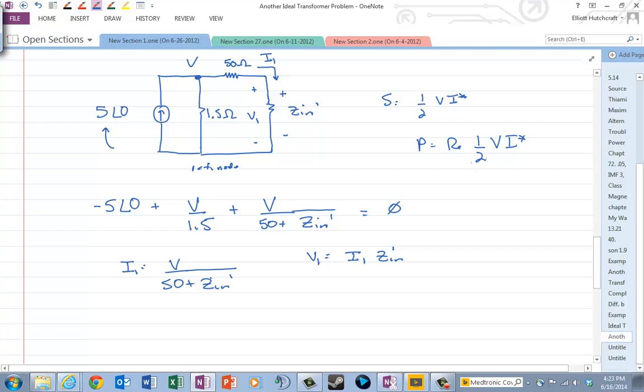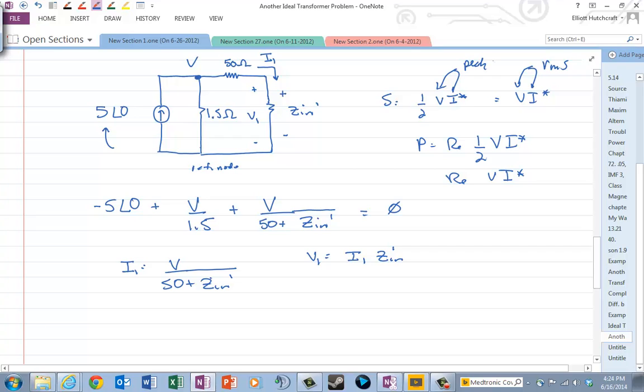Now, if they were in RMS, remember it's just V I conjugate, real part. Now that's if these are in RMS. This is if these are in peak.